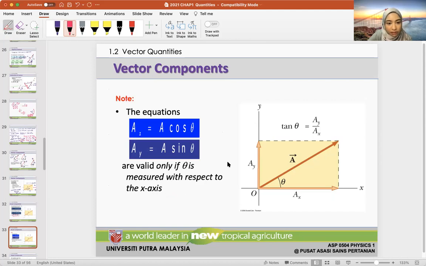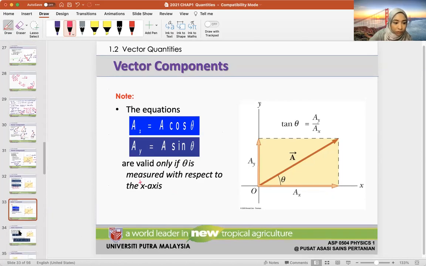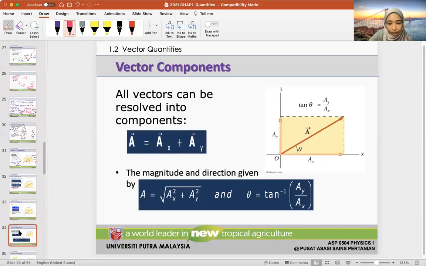These equations are valid only if theta is measured with respect to the positive x-axis, as I told you before. We haven't tried using this equation yet, so don't panic. I'm just introducing this equation to you. All vectors can be resolved into components.